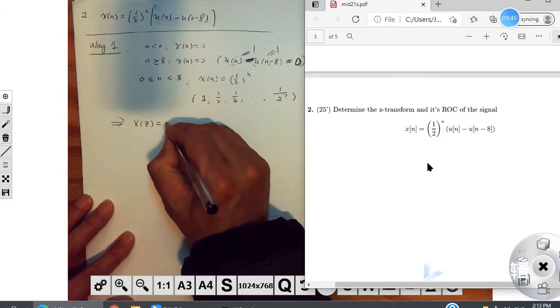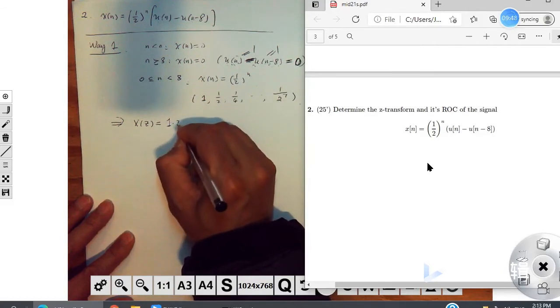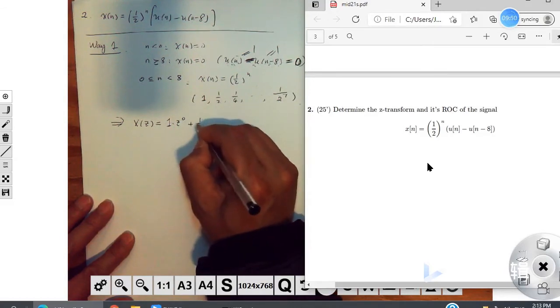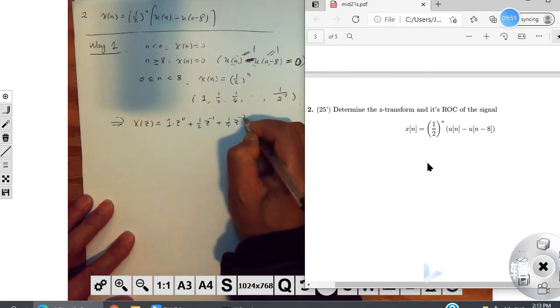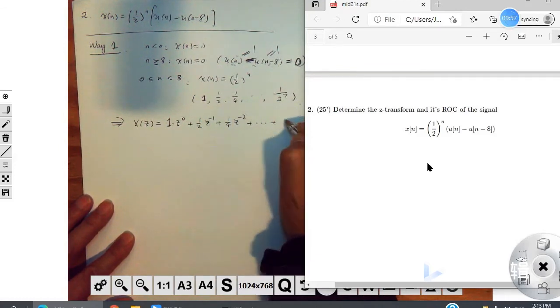This is 1 times z to the 0, and 1/2 z to negative 1, and 1/4 z to negative 2, until 1 over 2 to the 7th z to negative 7.